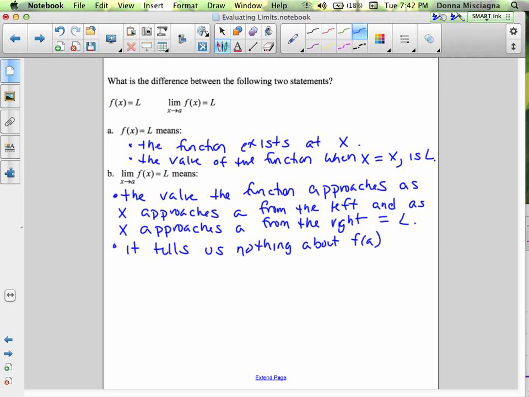We know nothing about that, right? So we have three different scenarios that could occur.